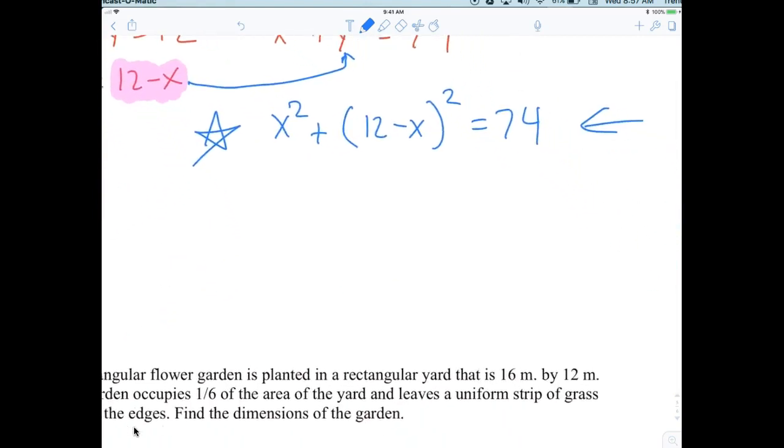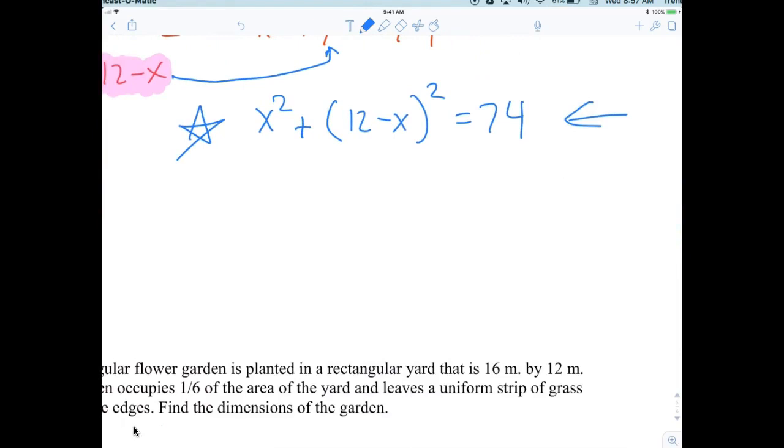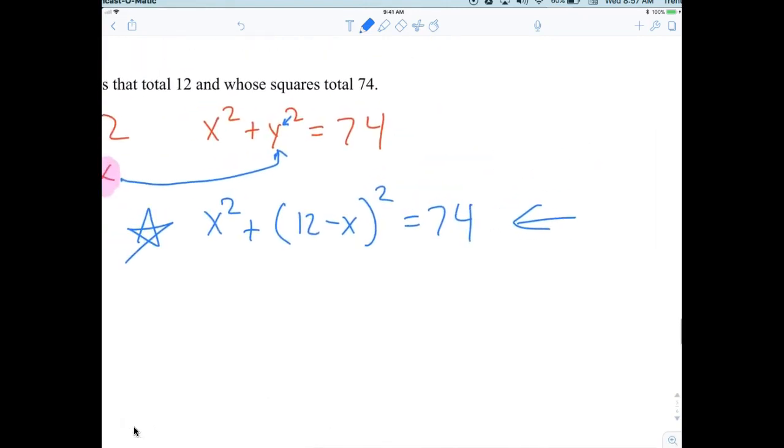All right. So now I need to expand 12 minus x, squared. And it is not 144 plus x squared. It's not 144 minus x squared. That's a common mistake. Remember what I told you now. Look up here.